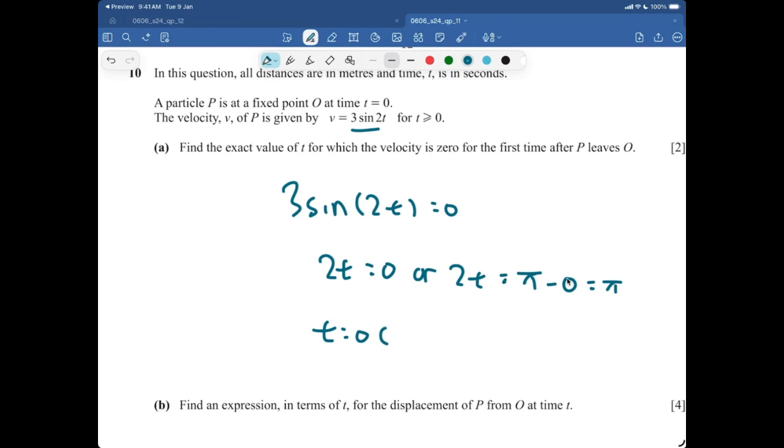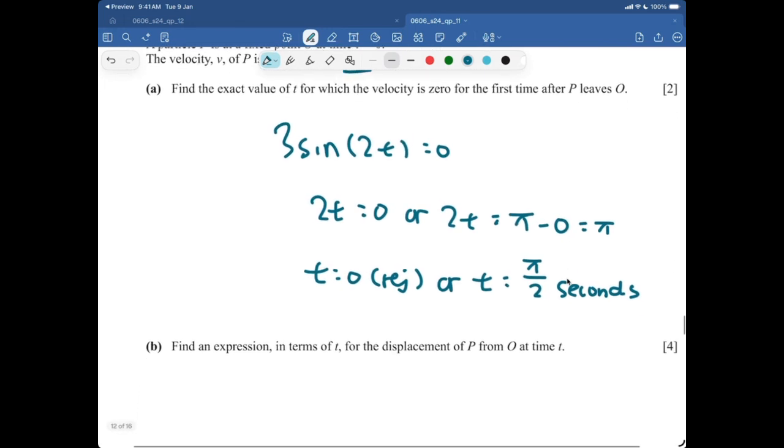So t equals 0 is rejected, or t equals pi over 2 seconds. It's rejected because they're asking you about finding the exact value of t in which the velocity is 0 for the first time after P leaves O. So t must be larger than 0.